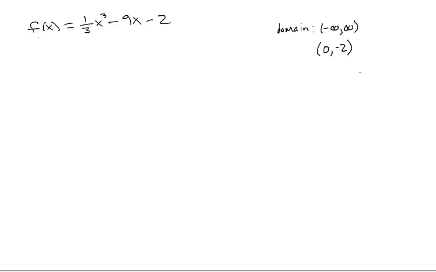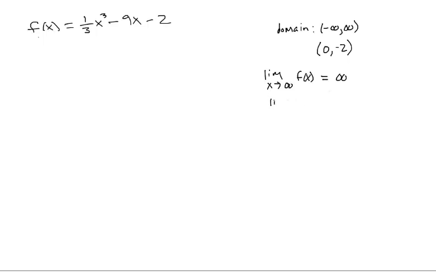Now, because we have a polynomial, we don't have any asymptotes, but we need to find end behavior. And if you remember back from limits, when we do limits to infinity and negative infinity, we find end behavior. So I want to do the limit as x approaches infinity of f of x. And when we put infinity into this function, we get infinity back out because we're cubed.